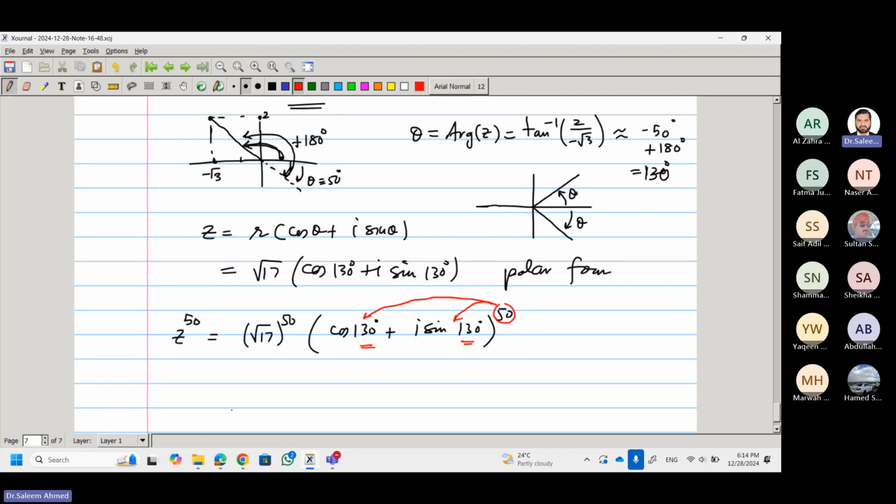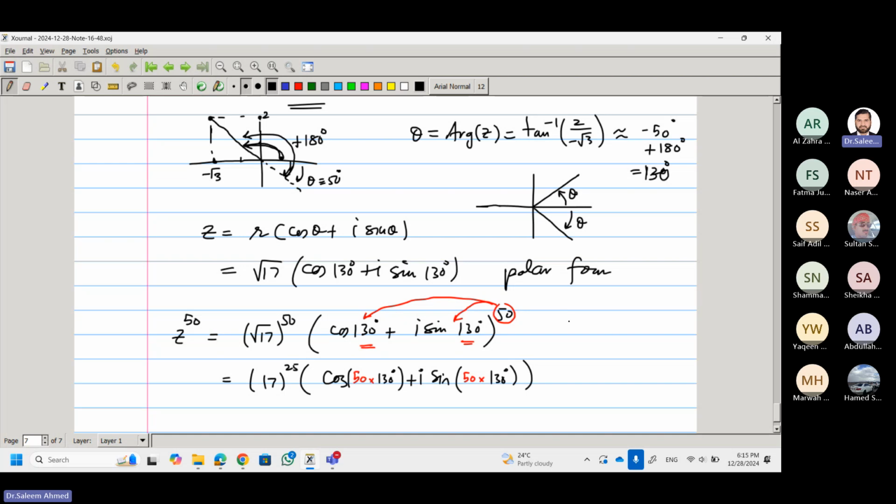So this becomes 17 to the power 25, cosine 50 into 130 plus iota sine 50 into 130.